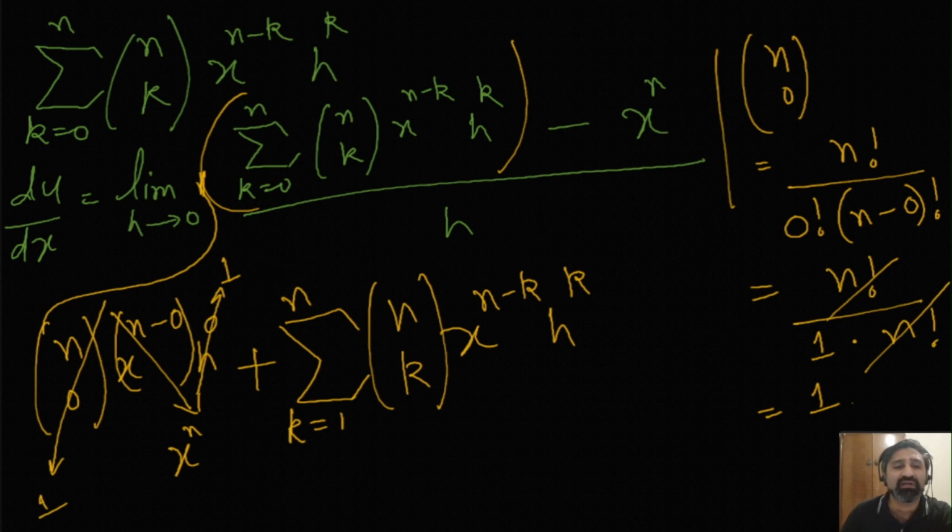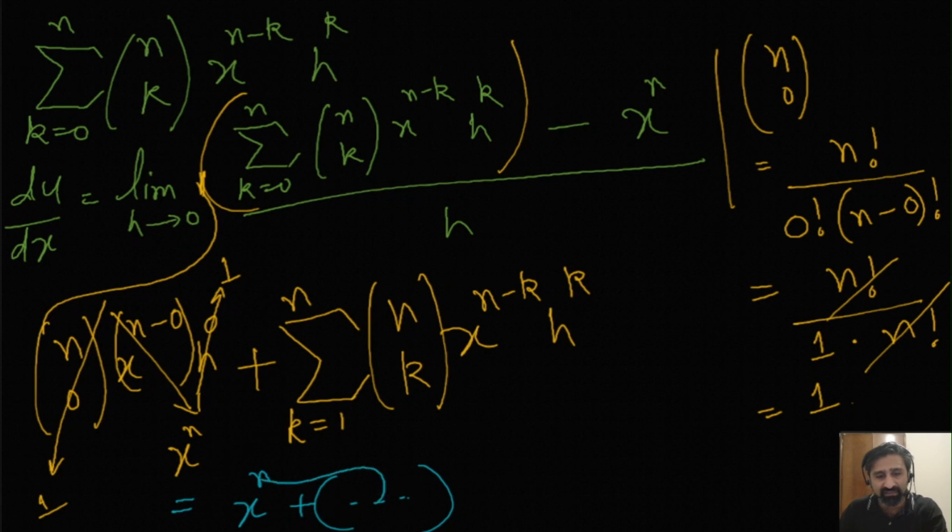ಸೊ ಇವಾಗ ನಮಗೆ this is quite very simply nothing but 1 into x to the power of n, which is x to the power of n ಆಯಿತು, plus summation k is equals to 1 to n, whatever is there here is the same thing here. Okay, no change.